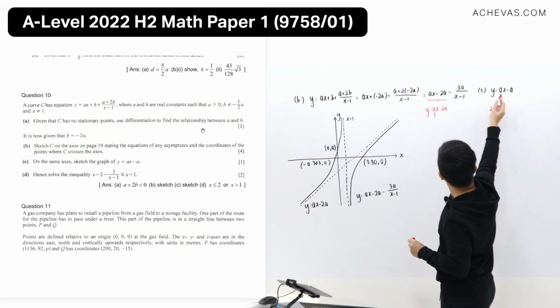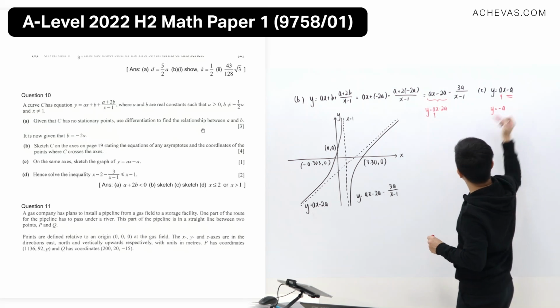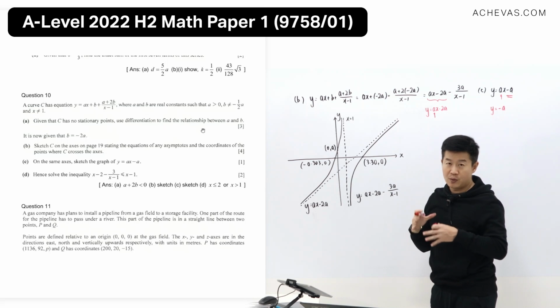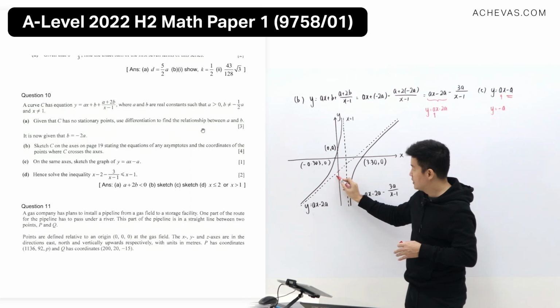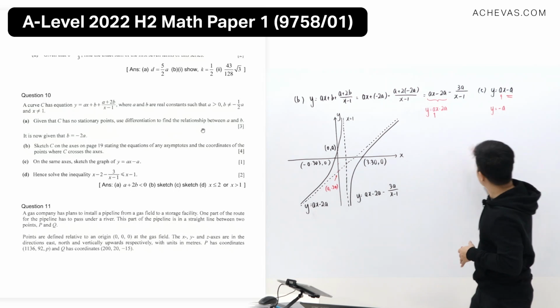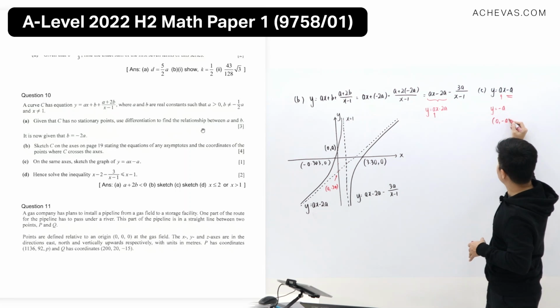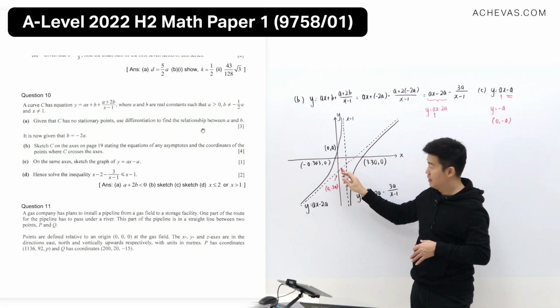So we know that this line's y-intercept is going to be 0, minus a. And this point here, according to what we discussed just now, is 0, minus 2a, which means that 0, minus a is going to be above here. So we do know this point already.